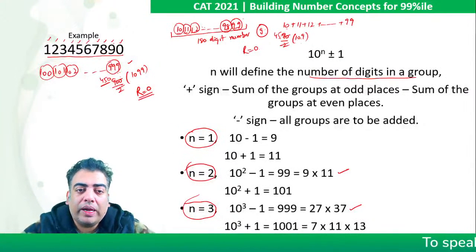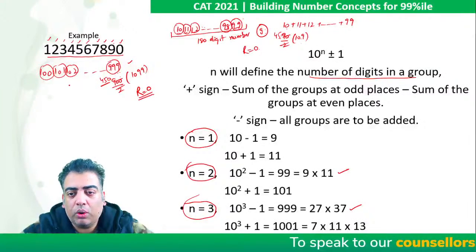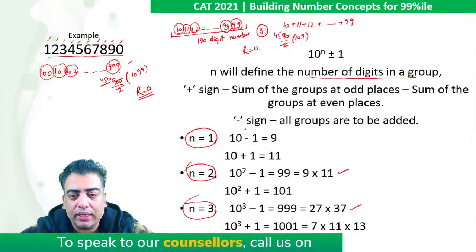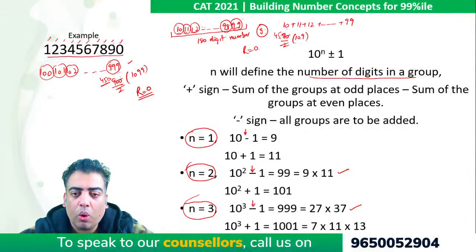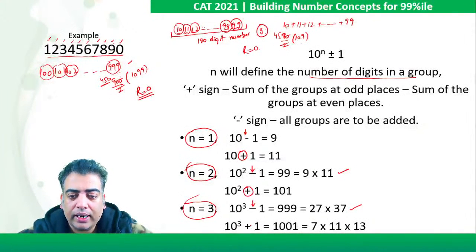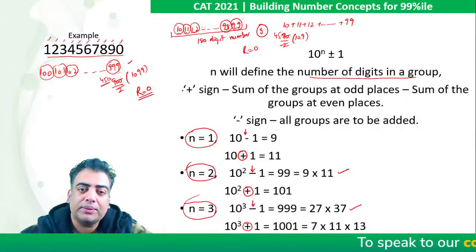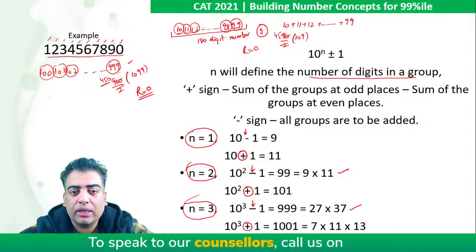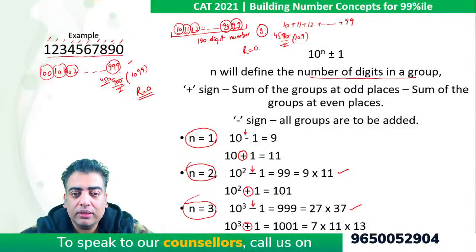Then whether all the groups are to be added or subtracted depends on the sign. If the sign here is negative, then all groups are to be added. If the sign here is positive, then it will be alternating plus minus sign starting from the right end, the way we did it in the divisibility rule of 11.